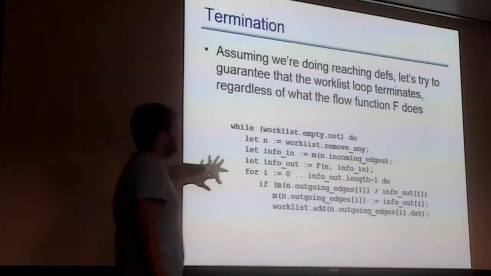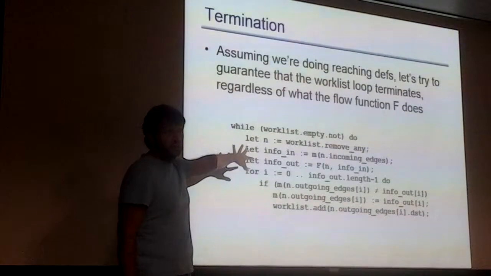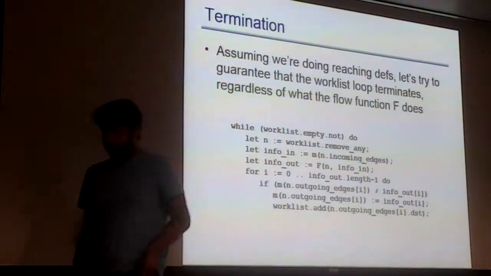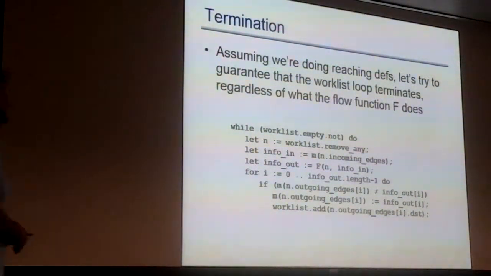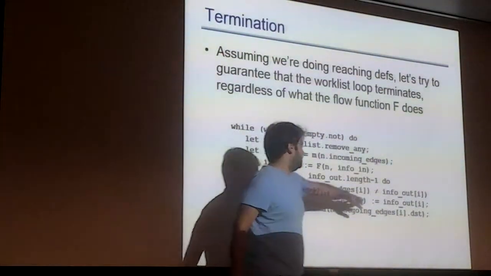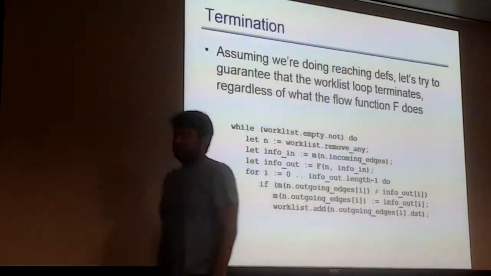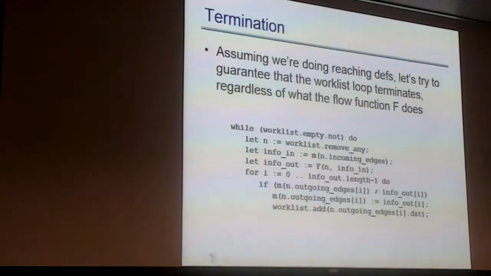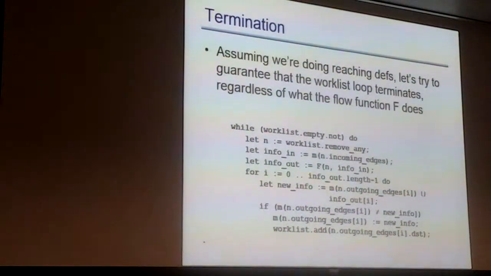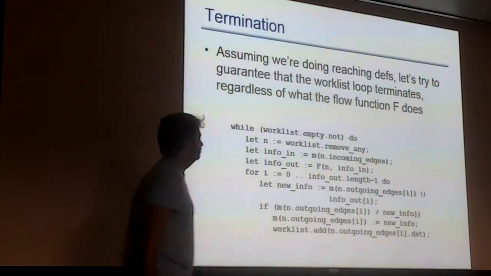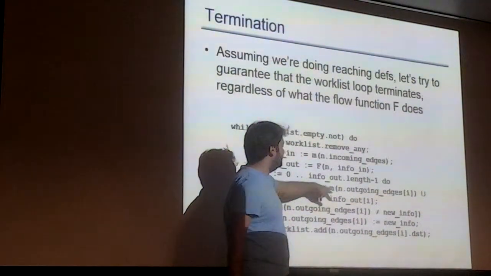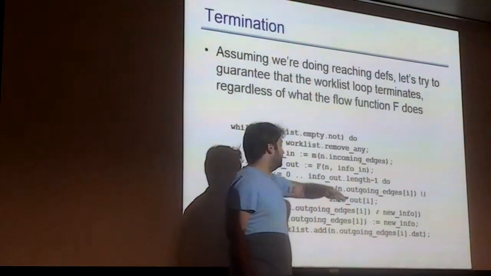Does someone remember what we did with this algorithm to ensure termination for reaching definitions? We added a union. Instead of just assigning this into here, we unioned it in. The way you do it is you compute this new information on the outgoing edge, which is whatever you got from your flow function, unioned in.